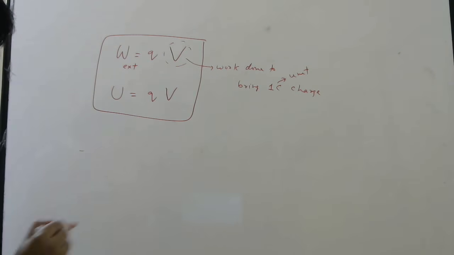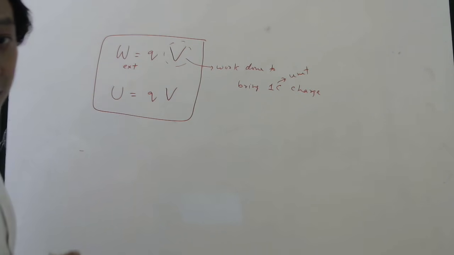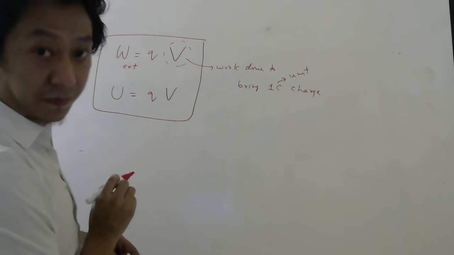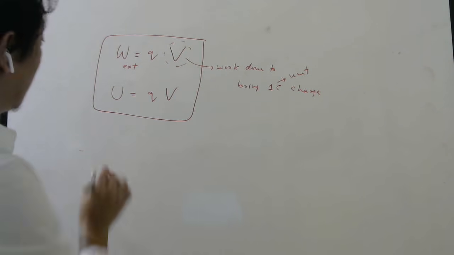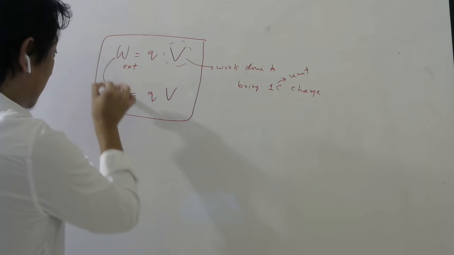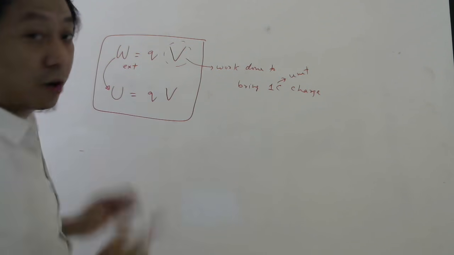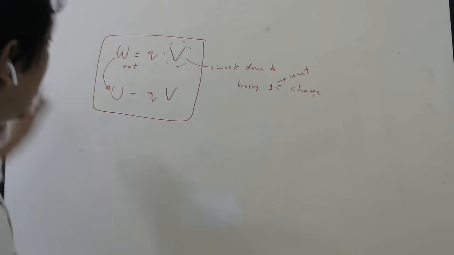Then if I ask what is the work done to bring q charge from infinity to some point, it will be q into V. Understood? And that work done is nothing but potential energy. So please memorize this formula 5-6 times and try to remember it.